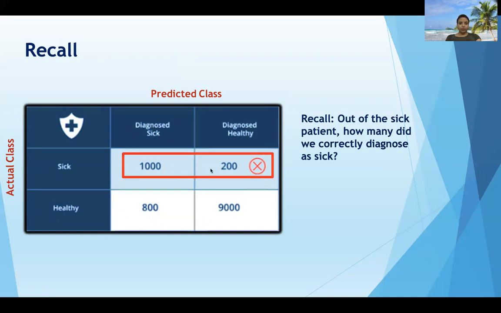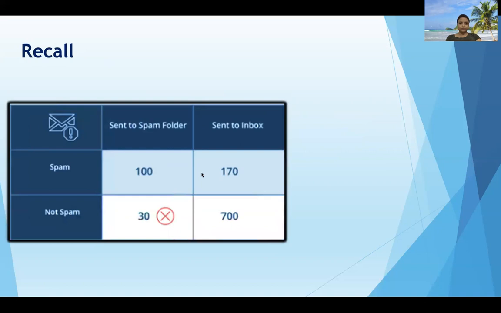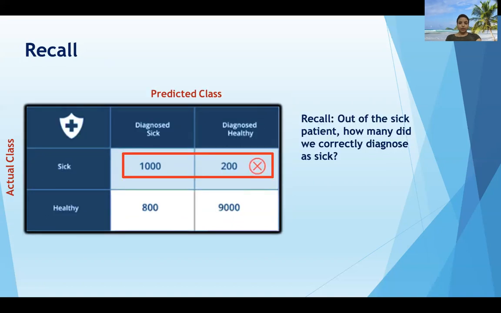This row catches the worst case, the false negative case. So recall is important in the medical model. Out of the 1200, 1000 of them we diagnosed correctly.